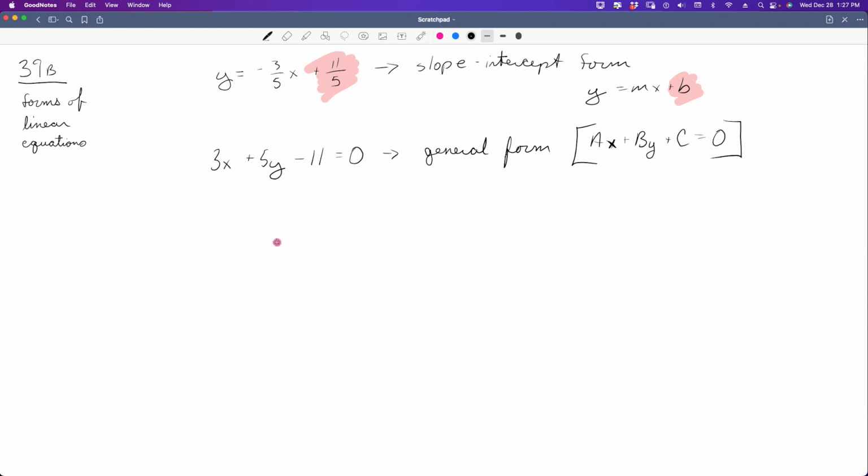The next form we want to talk about is the double intercept form, and that is going to be x over 11 over 3 plus y over 11 over 5 equal to 1. And that is the double intercept.